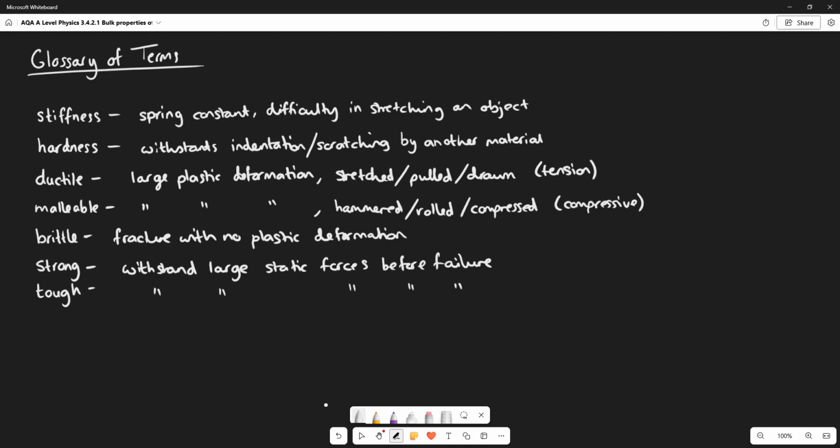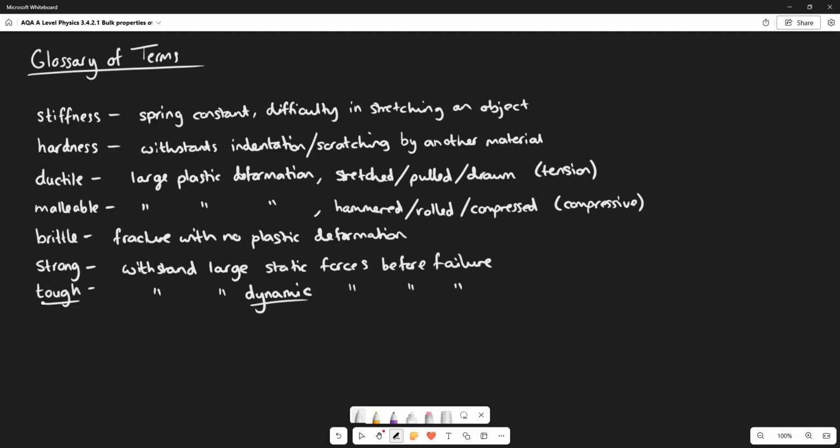The difference being that strong materials can withstand large static forces, that is, constant forces that increase in a steady way over time, the types of forces that we are applying when we stretch materials. Whereas tough materials can withstand large dynamic forces, forces that change very quickly over time.